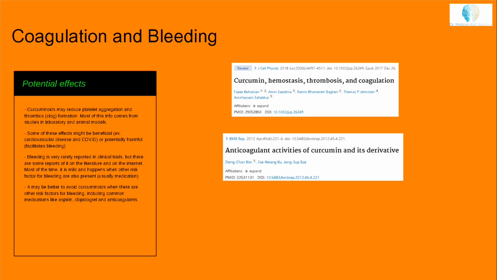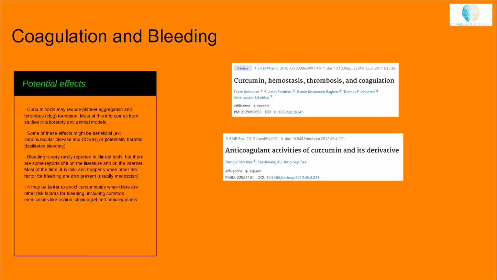It's not very common, but it's not so rare. It happens sometimes. Most of the time when it happens, it is usually mild. And it usually happens in people when other risk factors for bleeding are also present. Usually, people who use other medication that might also increase the risk of bleeding.